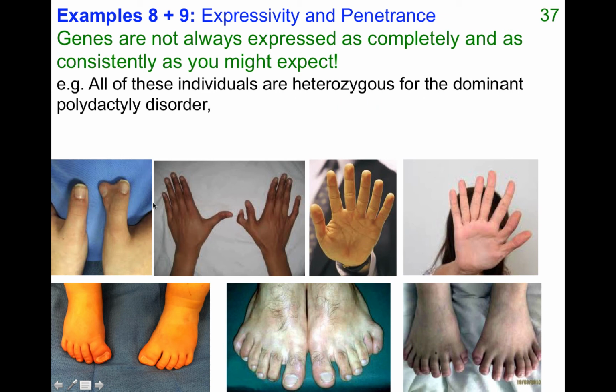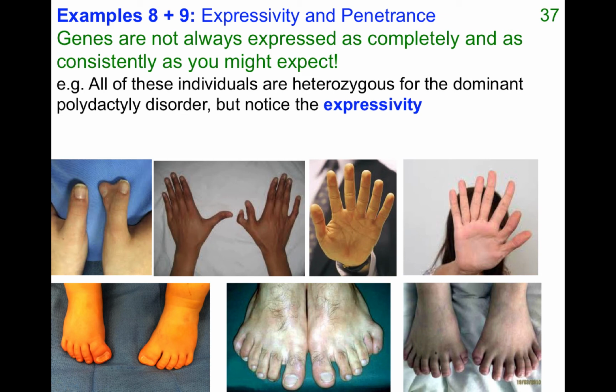This one here just has a little bit of an extra thumb. This person has an extra thumb but a small one. This person has one extra finger, two extra fingers, half of an extra toe, one extra toe, more than one extra toe. So same genotype, but very different expression, different amounts of the phenotype being seen.